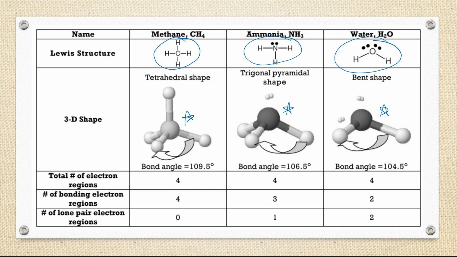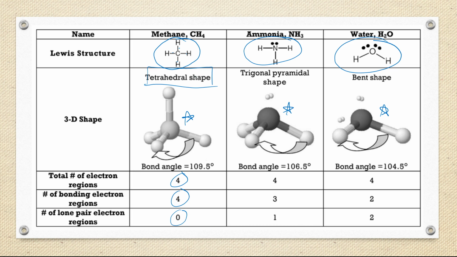Then they systematize what a tetrahedral shape has, for example. We look at the tetrahedral shape, which would be like a methane molecule. We should see that there are 4 electron regions, 4 bonding regions, and 0 lone pairs. And so the resulting shape is what we call the tetrahedral shape.